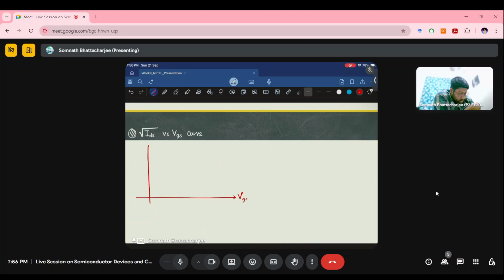This is VGS, this is IDS to the power half. If we are plotting this, we'll get a figure something like this. And if we are just extrapolating this value, we can directly get the value of VTH from here. So directly from the plot itself, if we are fabricating a device or something, we can directly get the value of VTH directly from the slope of this root IDS curve.